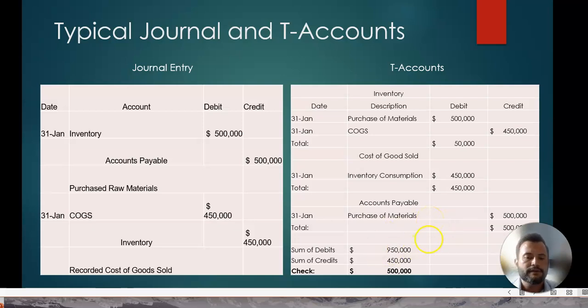A very important thing to spot here while we're on our T account for our normal transactions, our typical journal entries: under the matching principle, the sum of our debits should equal the sum of our credits. But as we see here, there's a $500,000 difference between the debits and our credits.